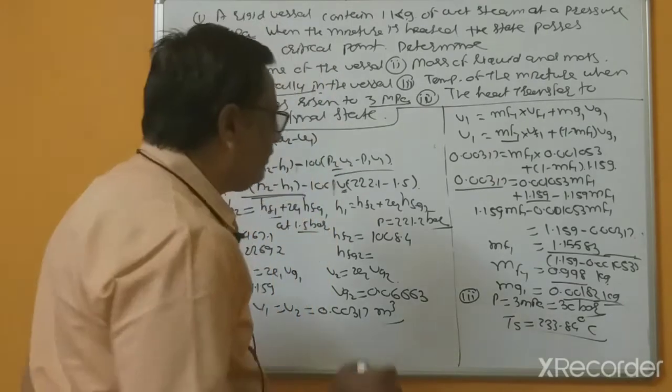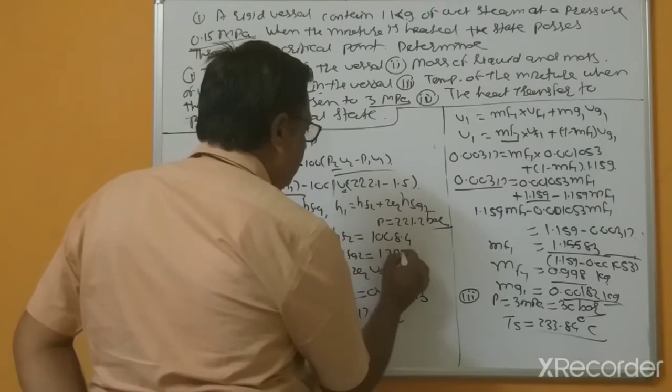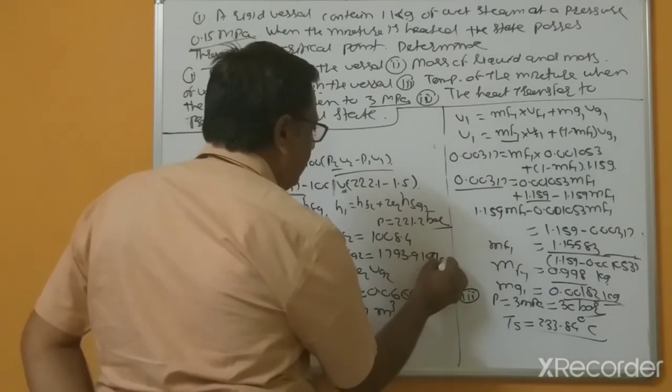This is equal to 1793.9 kilojoule per kg.